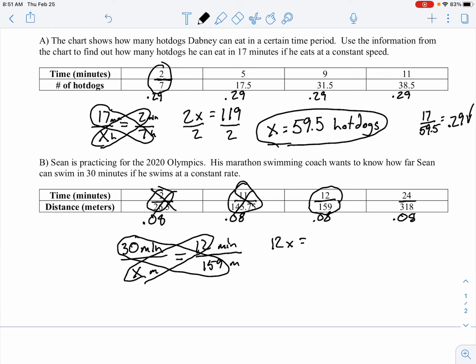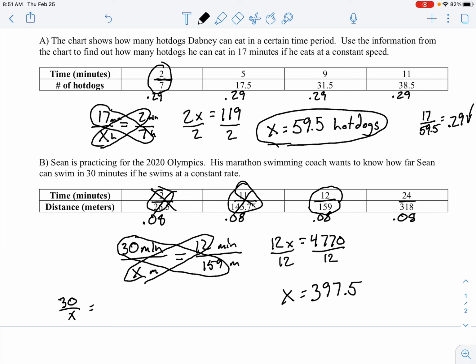So 30 times 159 is going to give us 4,770. Divide by 12, divide by 12, and x should equal 397.5.